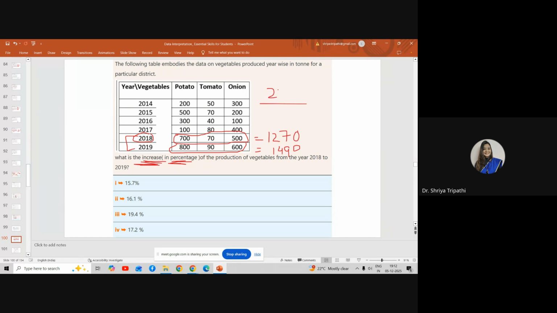So here it will be 220 divided by my initial figure, 2018, 1270, into 100 because it's percentage. Now you calculate, it will come 17.2. Understood, everyone? Yes, ma'am. Good. Chalo, we'll move ahead.